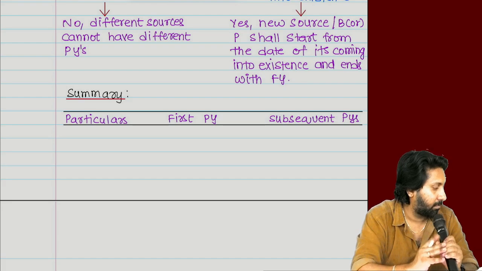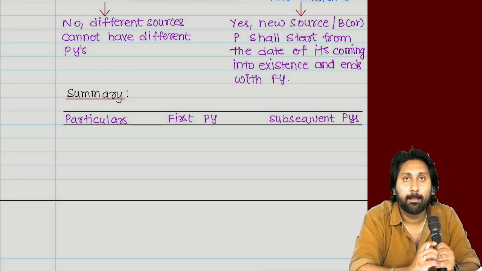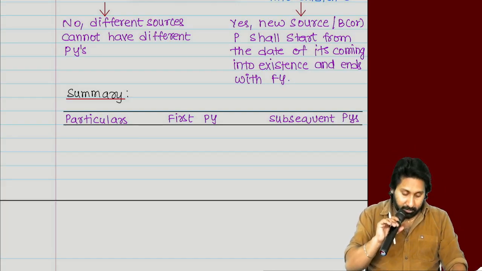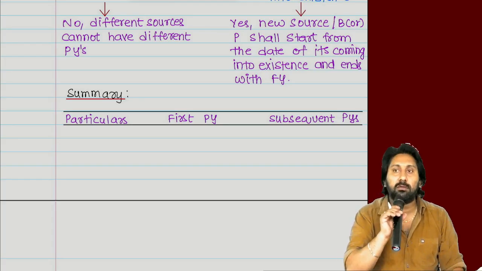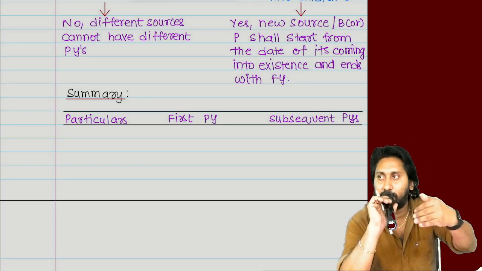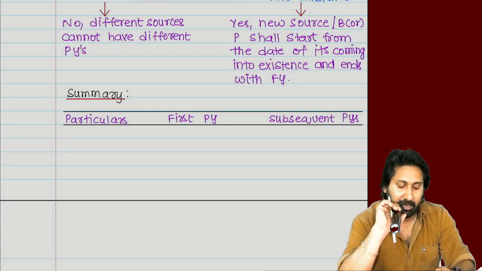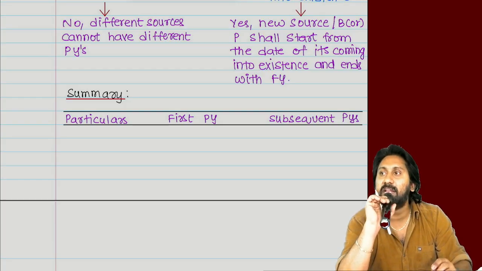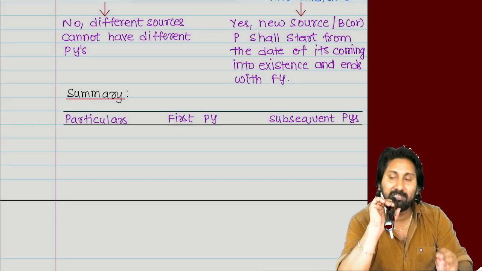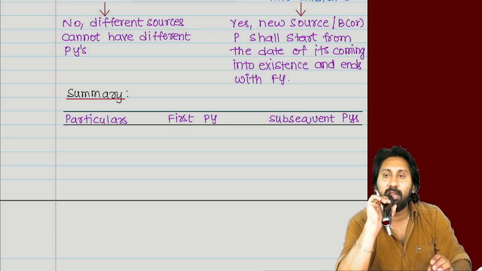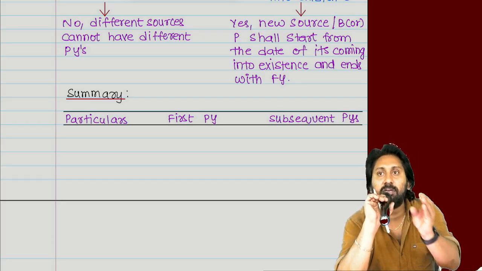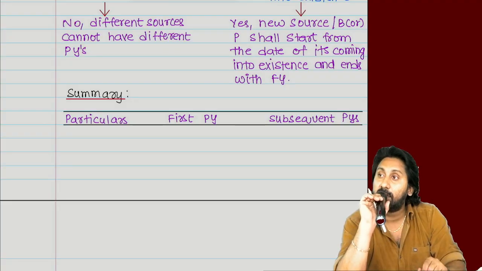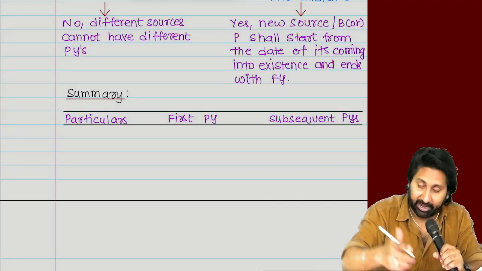You tell me one point with respect to the new source that is coming into existence. Particulars: what will be the ending date? What is the beginning date? The date on which it comes into existence. Now don't write, I will write later, you can copy.